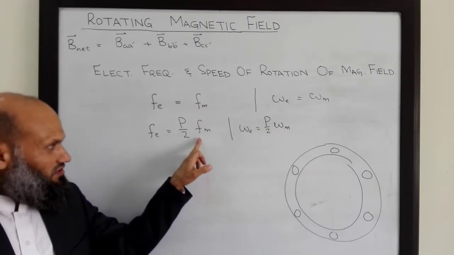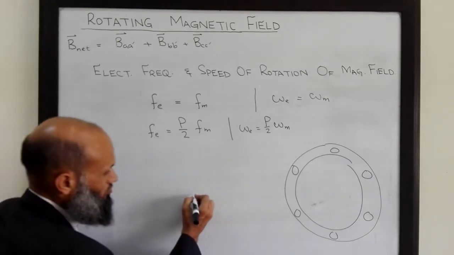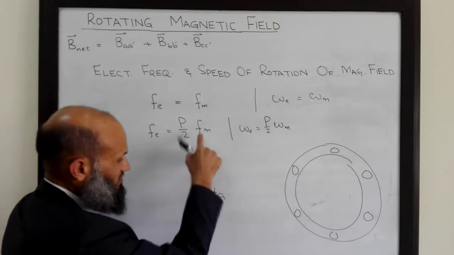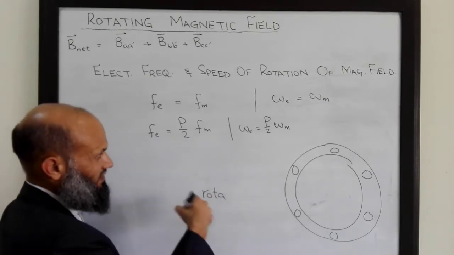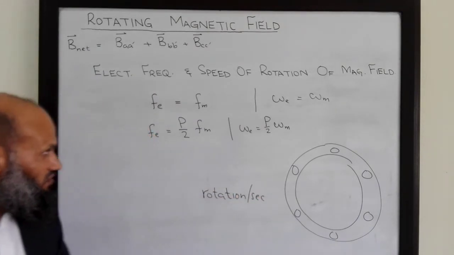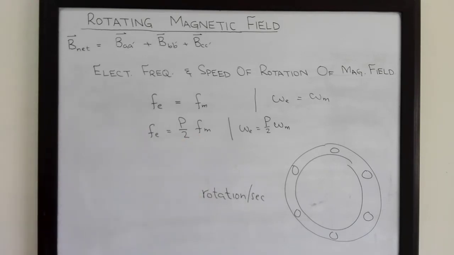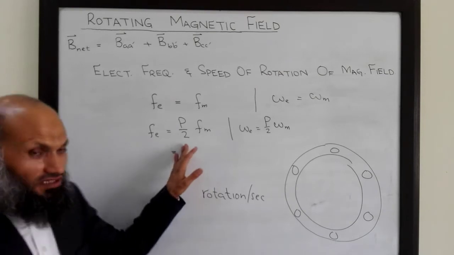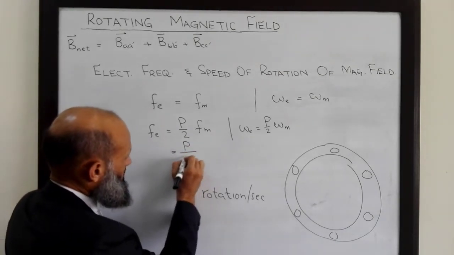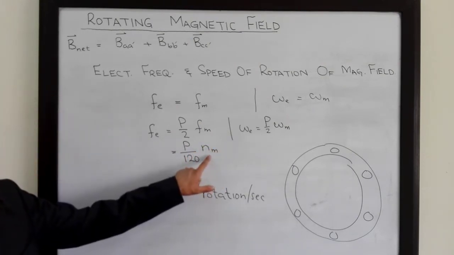Generally, it is a convention that this speed, which is in rotations per second, that is cycles per second, is instead measured in revolutions per minute. So we can just divide by 60. So we have P divided by 120, in revolutions per minute.